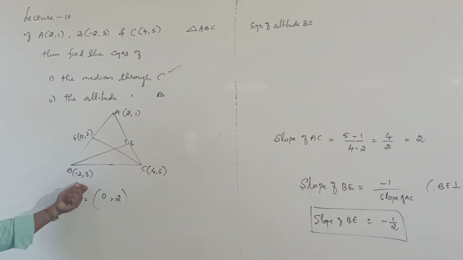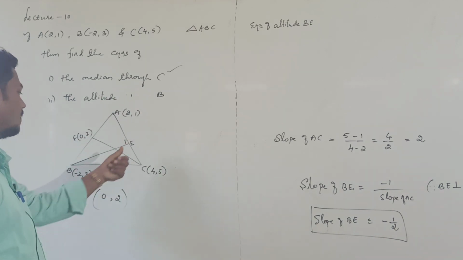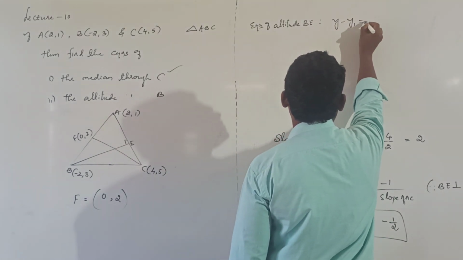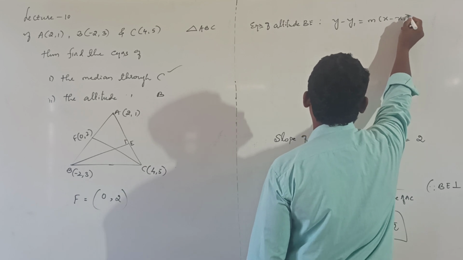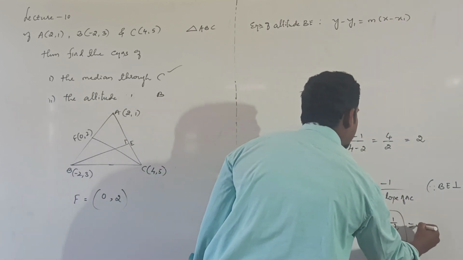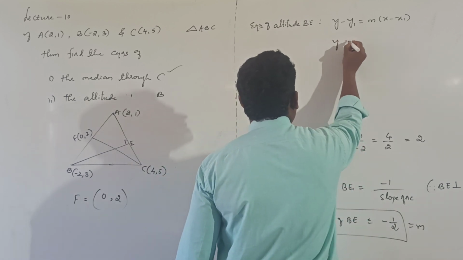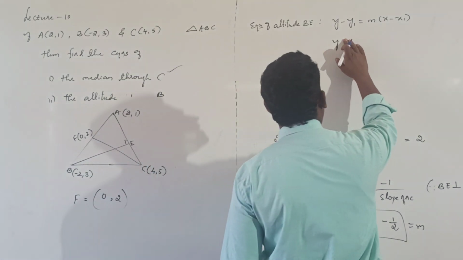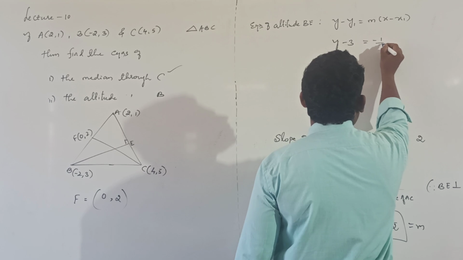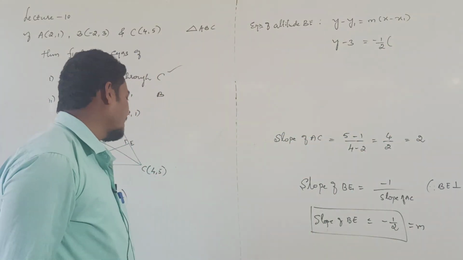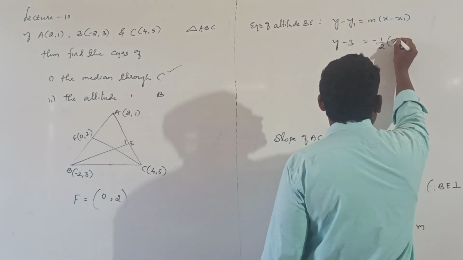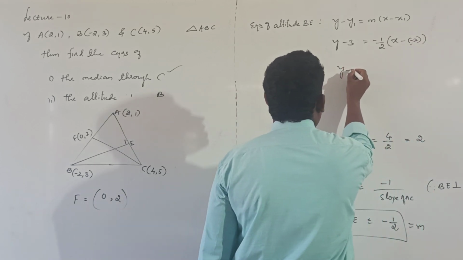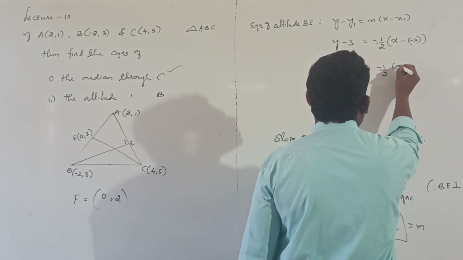This BE line passes through this point having slope minus 1 by 2. Use the slope point formula. What is the slope point formula? Y minus y1 is equal to m into x minus x1, right? Already we have the m value. Slope of BE means it is m only. Then y minus, which one is the y1 value? This point is x1, y1, that is y minus 3 is equal to minus 1 by 2 into x minus x1, right? X minus of minus 2, right? Y minus 3 is equal to minus 1 by 2 into x plus 2.